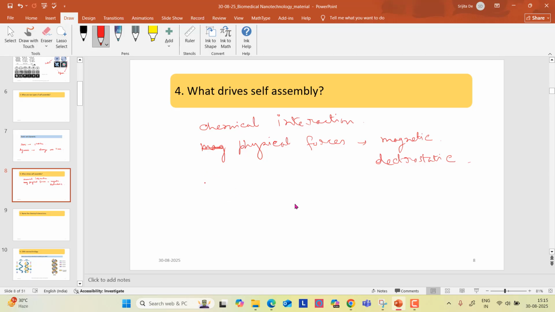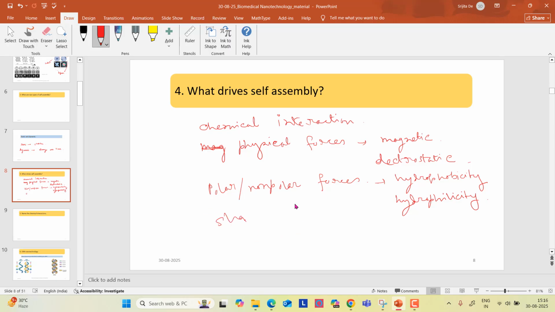Then there come the polar nonpolar forces. That means that is the hydrophobicity, hydrophilicity kind of thing. Next one is the shape.